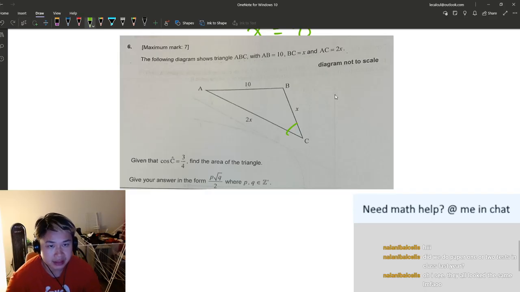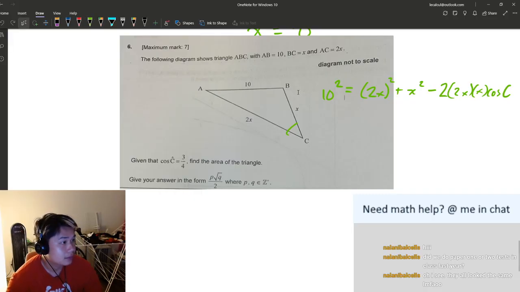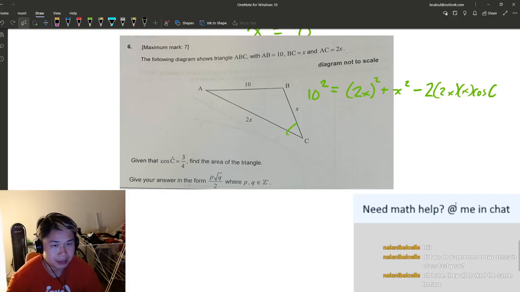So what that means is that I have 10 squared is equal to 2x squared plus x squared minus 2 times 2x times x times cosine c. I'm doing this because, again, I already know what cosine c is. They told me. And then we'll just go from here and see what happens.